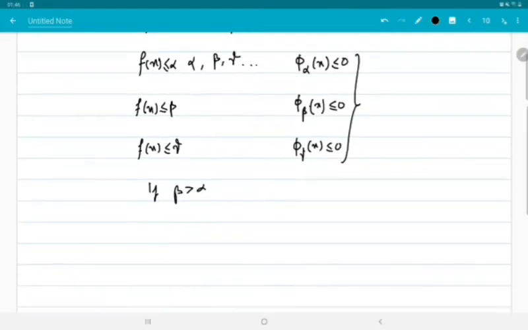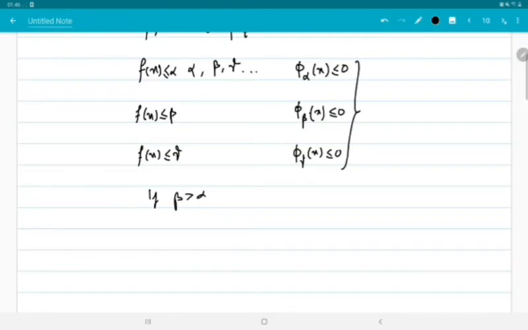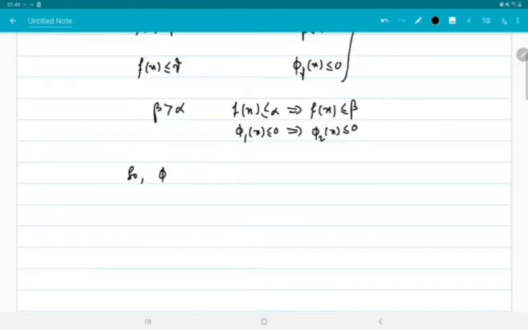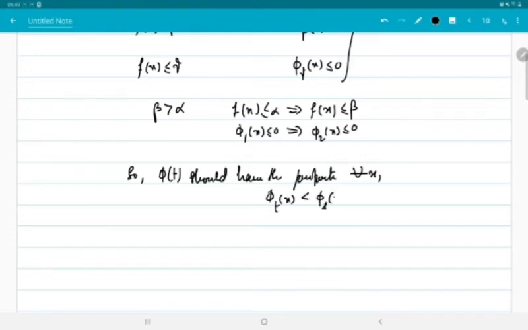Okay, so if beta is greater than alpha, then f x will definitely be less than alpha. So this means that t should have the property that for all x, phi t of x should be less than phi s of x for s greater than equal to t.